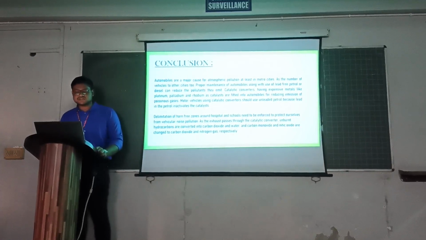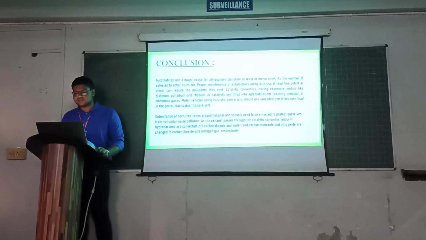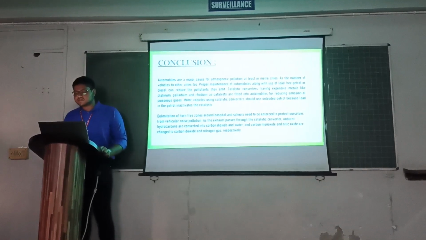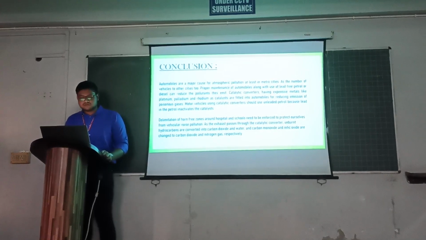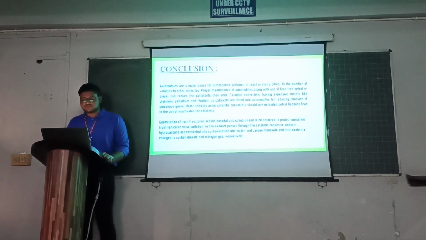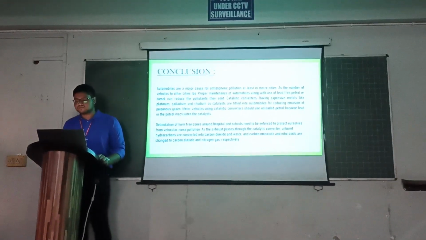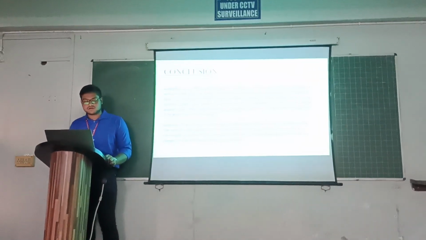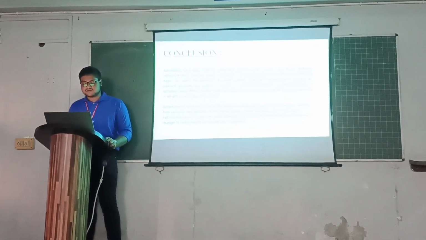Conclusion: automobiles are a major cause of atmospheric pollution, at least in metro cities. As the number of vehicles increases in other cities, proper maintenance of automobiles along with the use of clean petrol or diesel can reduce the pollutants.